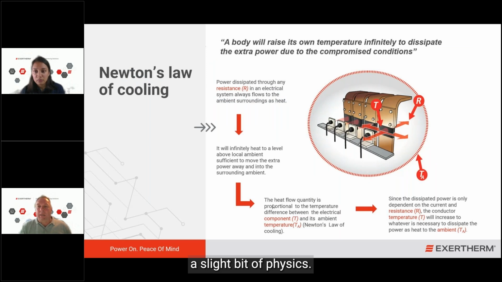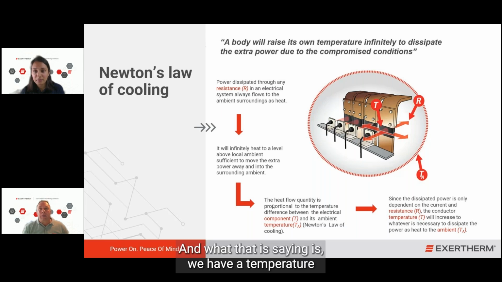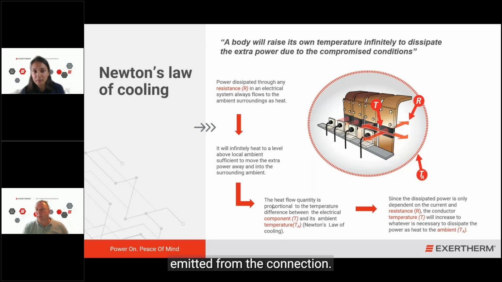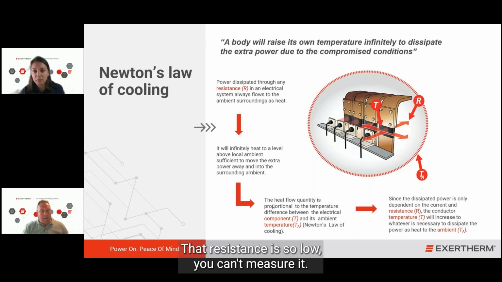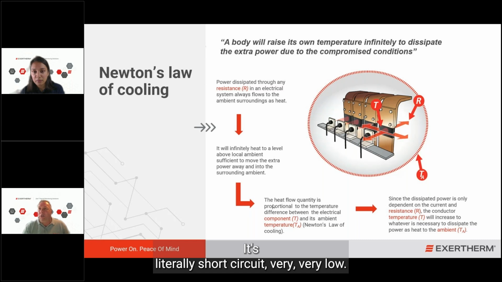a slight bit of physics. We'll not go too deep. And it's called Newton's law of cooling. And what that is saying is we have a temperature emitted from the connection. There's a resistance across that joint. And yes, with a healthy joint, that resistance is so low you can't measure it. It's literally a short circuit.